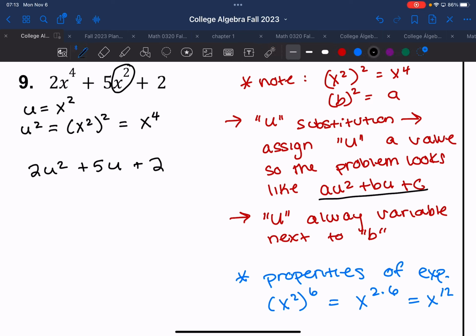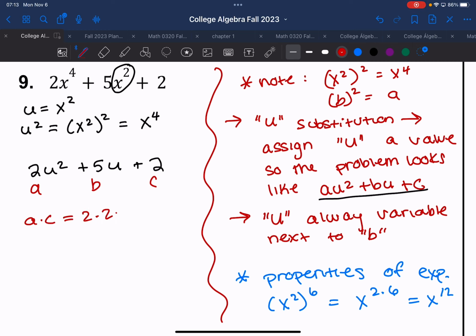Okay. So once we get everything in terms of u, we're still doing all the same steps. So we have our a, b, and c value. We still do a times c, which is 2 times 2, gives us 4. And what's our b value? 5.